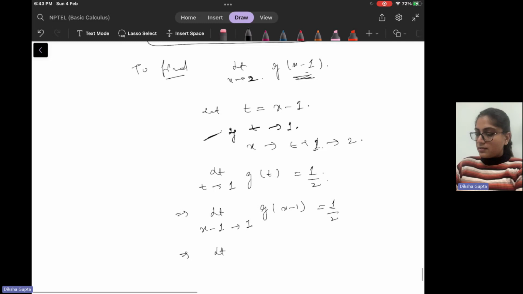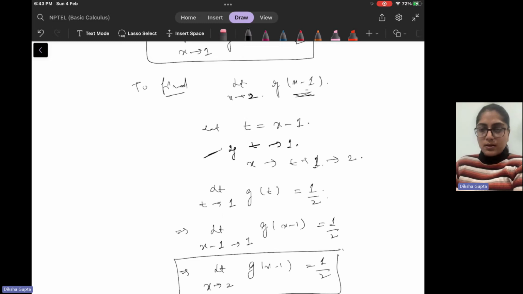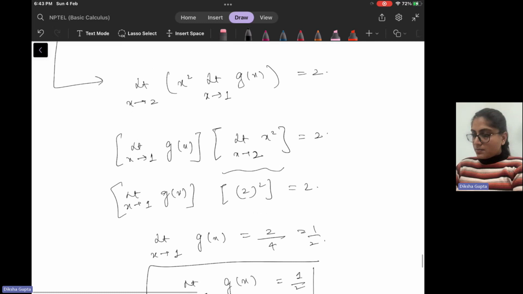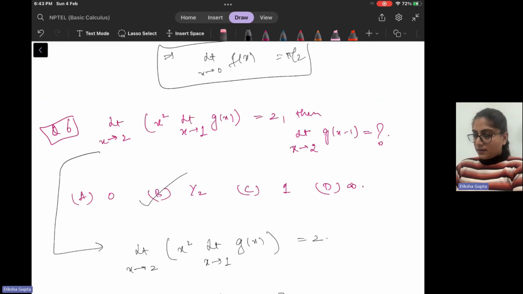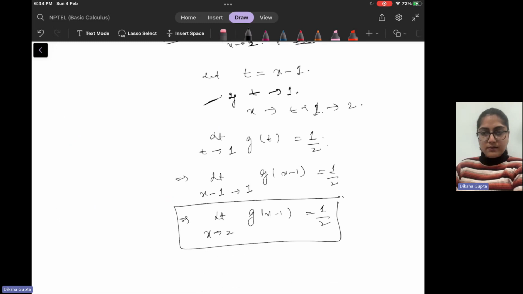It implies limit x tending to 2, x minus 1 goes to 1, then g of x minus 1 is 1 by 2. So this is exactly what we had to find. So our correct option is 1 by 2. Alright, I hope it was clear for everyone.